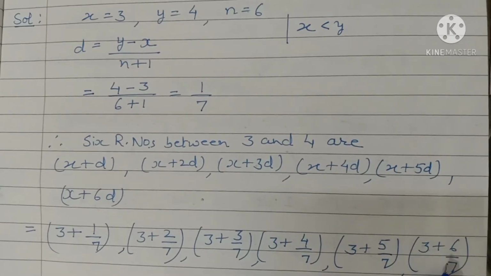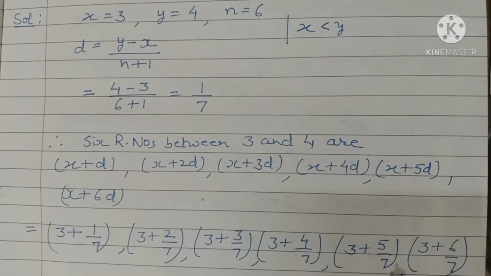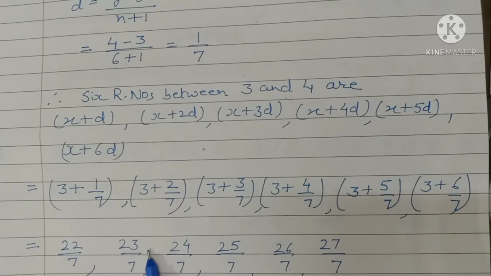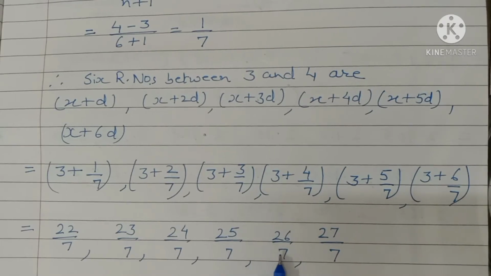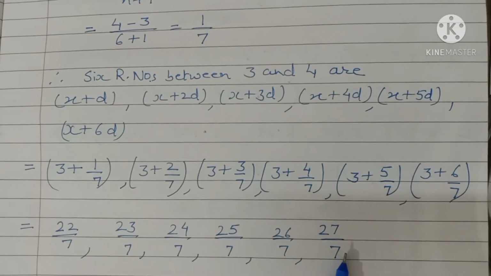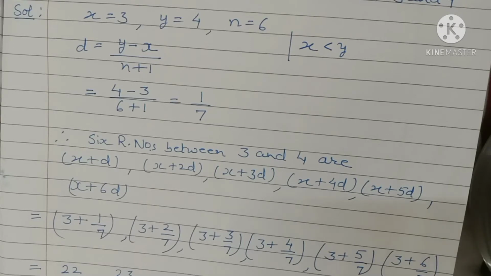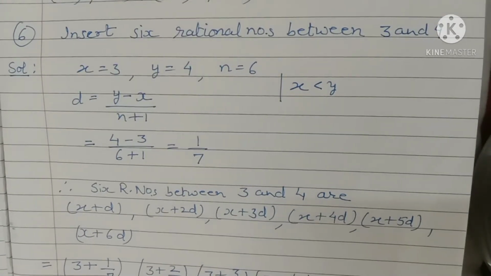So all the 6 rational numbers are 22 upon 7, 23 upon 7, 24 upon 7, 25 upon 7, 26 upon 7 and 27 upon 7. This is the complete solution of the 6 rational numbers.